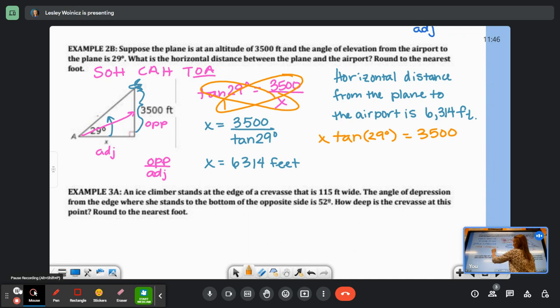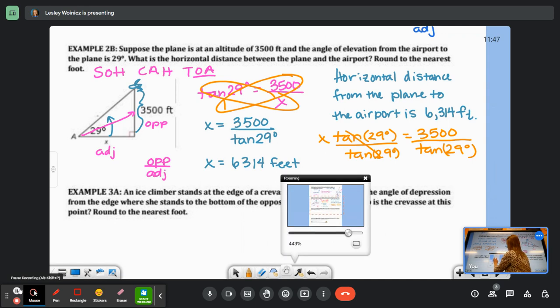And then we can divide both sides by tangent of 29. And you can see that it's like the x and the tangent of 29 just traded places. So that wasn't like some math voodoo. That's just multiplying and dividing both sides of the equation by the same thing.